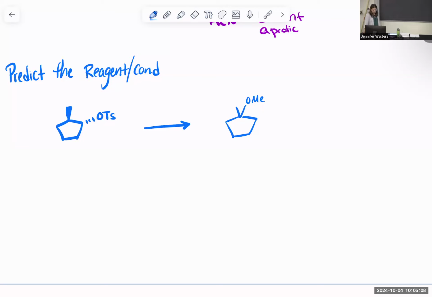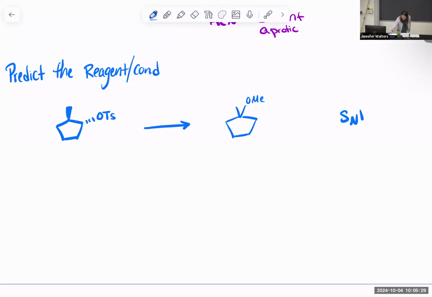Okay. So, excellent, good. I'm glad you guys changed it. You all changed it. So it is SN1. Our indicators are the fact that the leaving group and the nucleophile are attached to two different carbons, and I see racemization. That together tells me SN1.